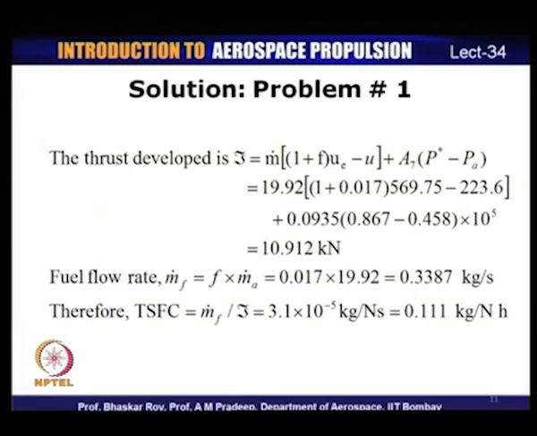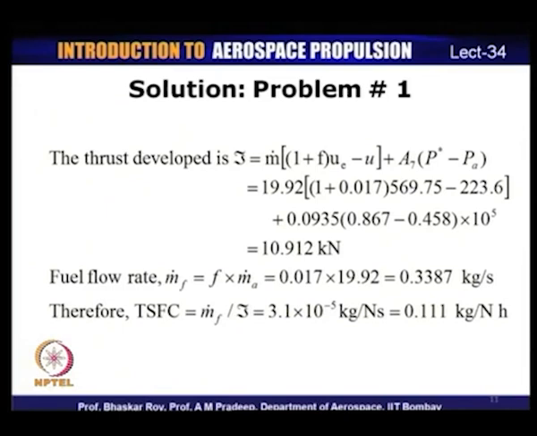In most of the books as well as in industry standards, the fuel consumption is usually expressed in terms of kilograms per Newton hour, because kilograms per Newton second comes out to be a very small quantity. So, they convert that to hour by multiplying it by 3600.